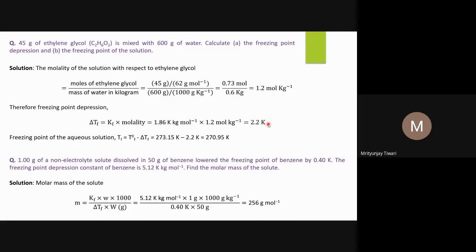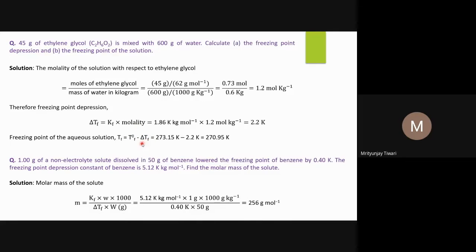So now we can calculate the freezing point, because we know by what amount the freezing point will be decreased. And the freezing point of water we already know, it is 0 degree centigrade. 0 degree centigrade in Kelvin is 273.15 Kelvin. We know delta TF is equal to T naught F minus TF. So TF will be equal to T naught F minus delta TF.